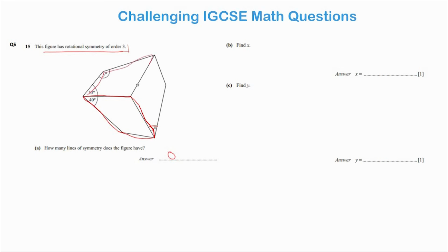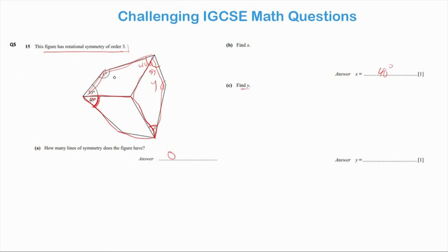Of course it has rotational symmetry of order 3, so it'll still look like that. And now this would be 40 when you rotate it, and this would be x, and this would be y, and this would be 53. So as you can see here, when we rotate it, x lands on the 40 angle, so x would be equal to 40 degrees.